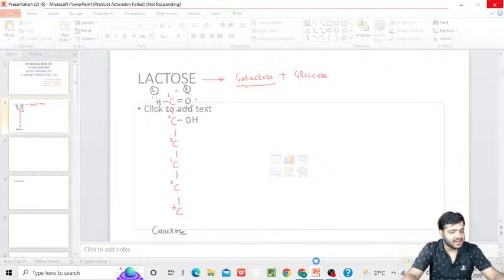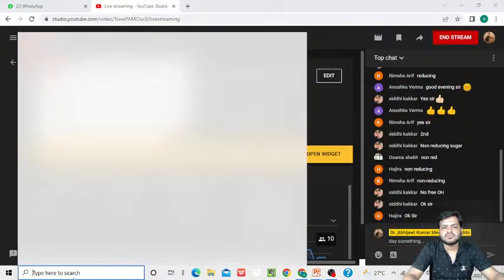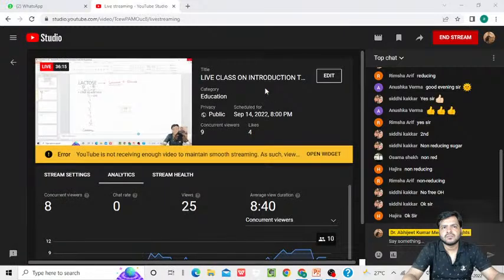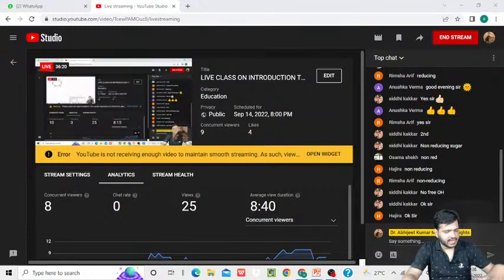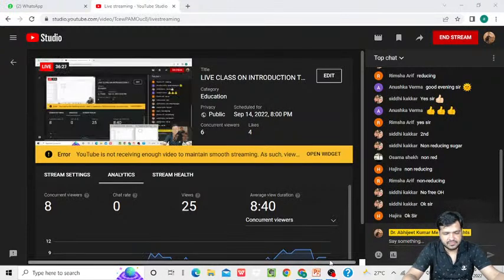What is a polysaccharide and how many sugar units are there? Anyone who can tell me ट्रेहालोस में कौन कौन से monosaccharides are there?